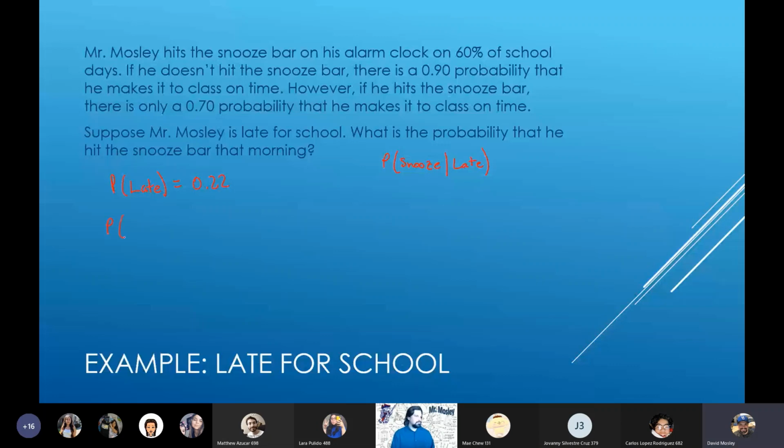We know, because of our previous rule, the probability that I hit snooze given that I'm late has to be equal to the probability of snooze and late divided by probability of being late. So now we're going back to the previous conditional rule that we have.